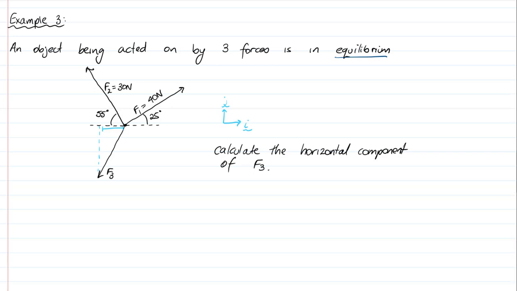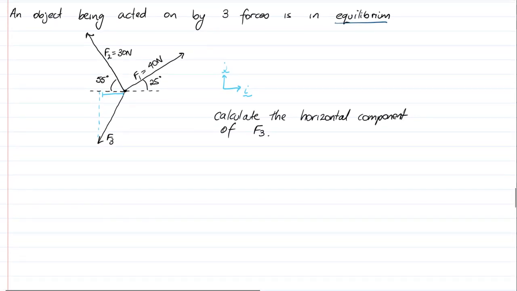We know it's in equilibrium, so that means that we can set up our force equation for the I component. But what I'm going to do, I'm going to go a little bit too far and just do a little bit more than we need, just to show you what it looks like. And then we'll break it down and solve it. Okay, so the overall resultant force is this.